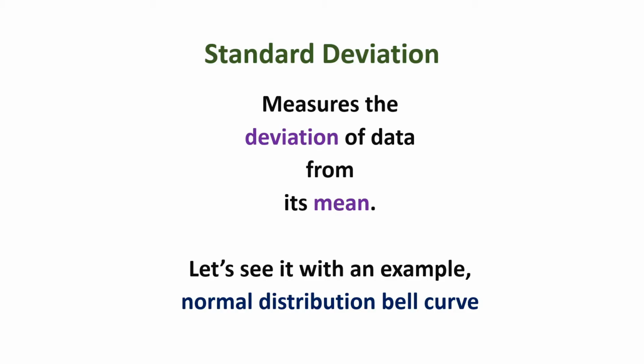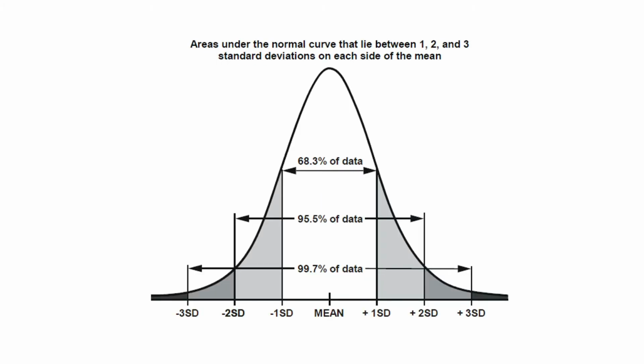Let's see this in the normal distribution bell curve and try to understand what deviation actually is. If you take any data set, maybe in your class, almost 80% of the class, or in this case 68.3% of the class, would belong to this category.